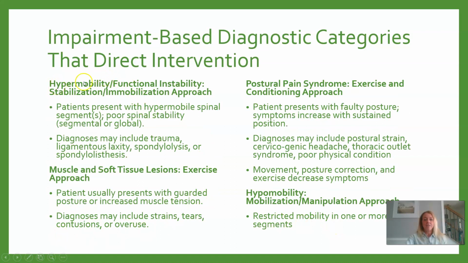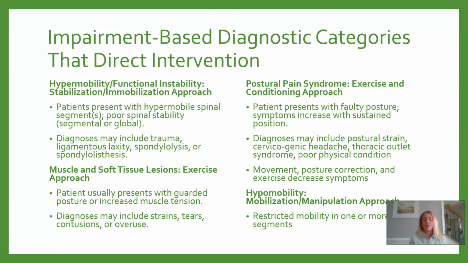This slide, this category, this one, and this one, these are all people who basically need exercise to make them better. So if someone has hypermobility of the spine, they're unstable, then they need stabilization or immobilization type exercises. This is our core strengthening, okay? So they have some sort of hypermobile spinal segment, poor stability.